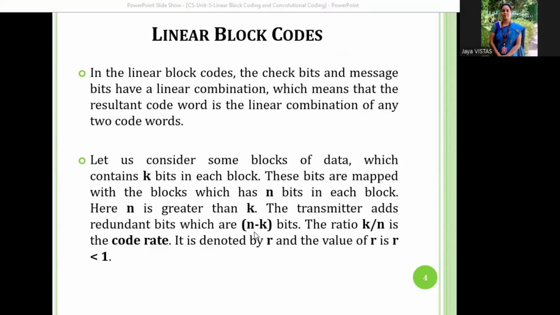The ratio of k by n is the code rate. For example, if k, the number of message bits, is 3 and n is equal to 8, then it is 3 by 8. That is the code rate, denoted by a small r.